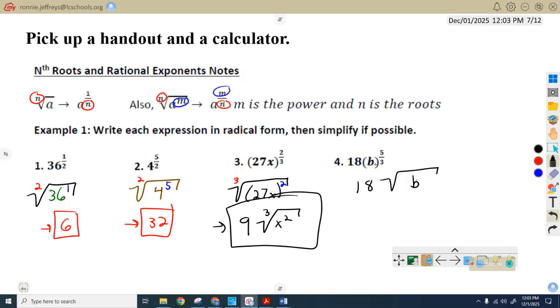All right. This goes here. And this goes here. Now, we actually can simplify that a little bit more. Okay?